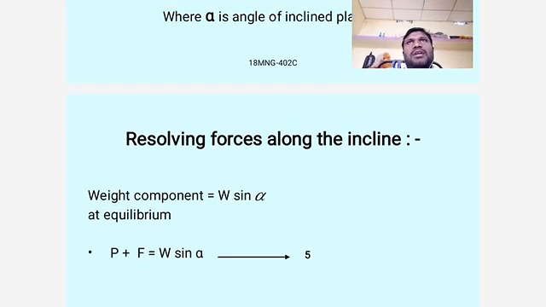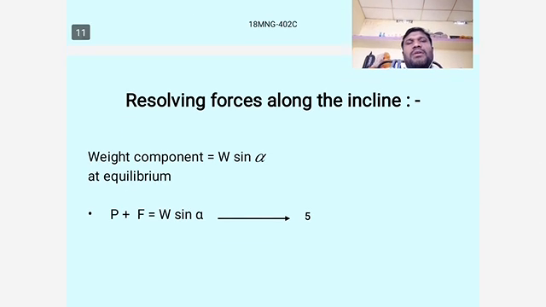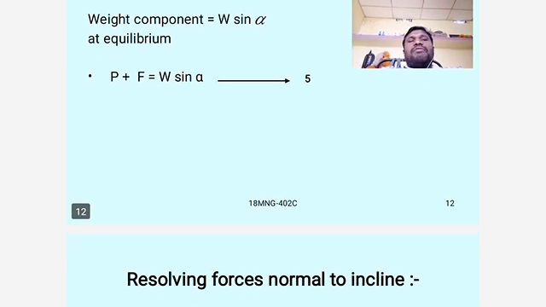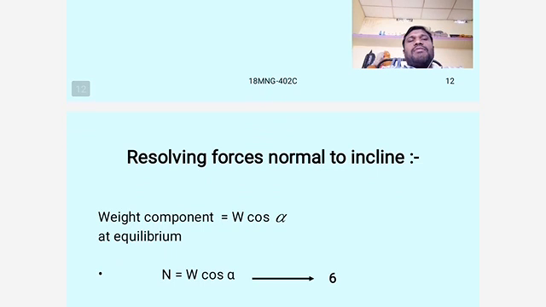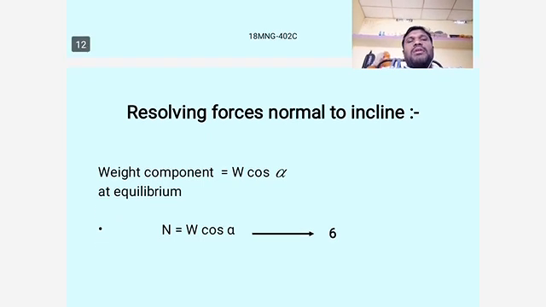Resolving forces along the inclined plane, the weight component is equal to W sine alpha, so P plus F is equal to W sine alpha, equation 5. Resolving forces normal to the inclined plane, the weight component is equal to W cos alpha at equilibrium.